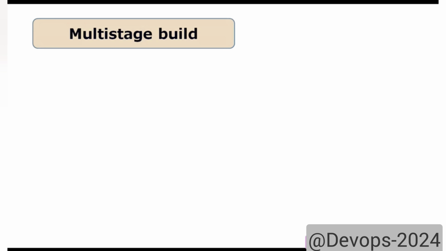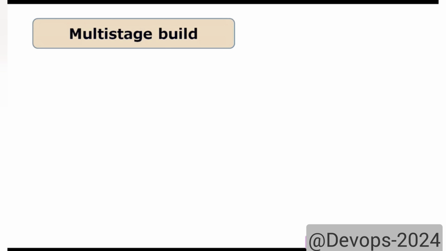First we take the latest version of the base image based on our application requirement, add the source code, do the build or compilation, create an image on top of the build artifact, and then run the application by creating the container. That's what we are going to do now.